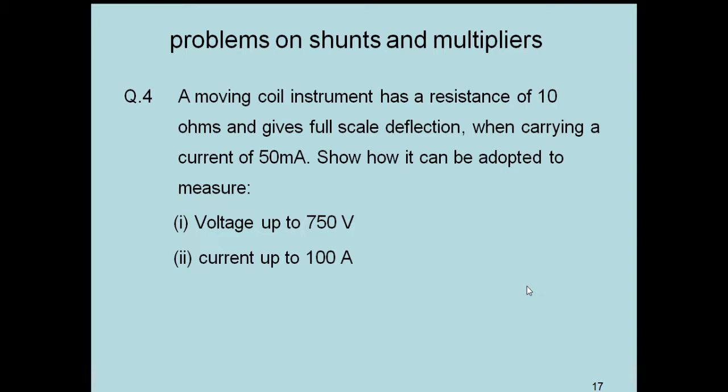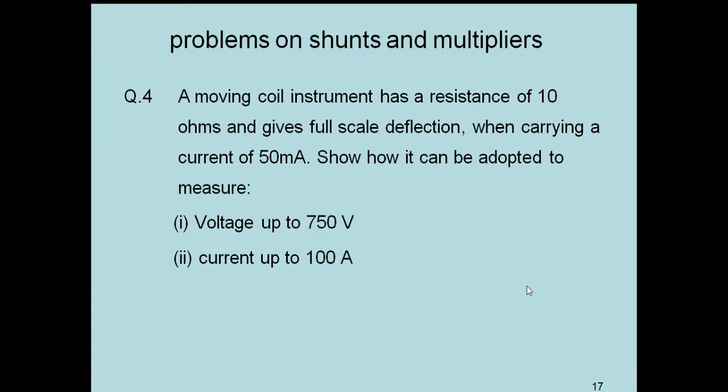So actually, what will be the voltage rating of the meter? Im Rm. Im is 50 milliamperes and Rm is 10 ohms. What will be the range? Im into Rm, 50 milli into 10 power minus 3 into 10 ohms.